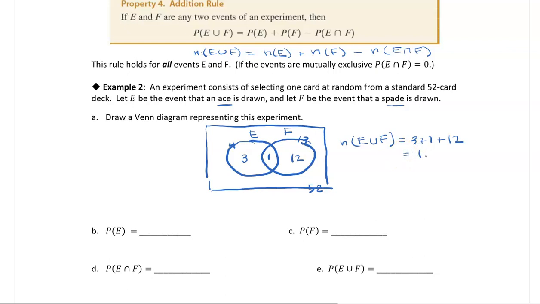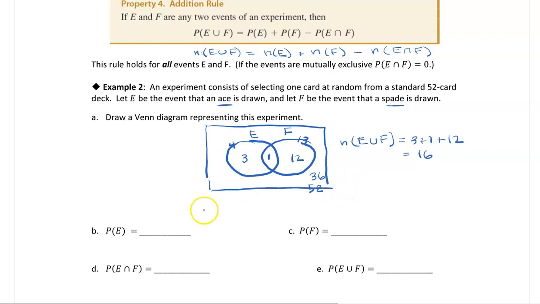There are 16 total cards that are either ace or spades or both. I answered one of the questions down here, but that's okay. If we wanted to know how many are outside of the union, we can take the 52, subtract the 16, and we end up with 36 cards that are neither ace nor spades.